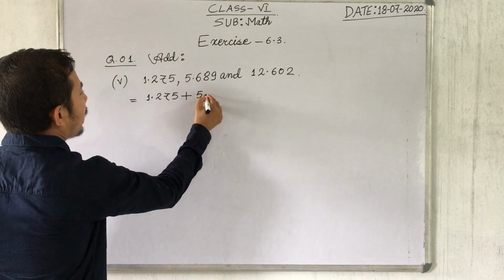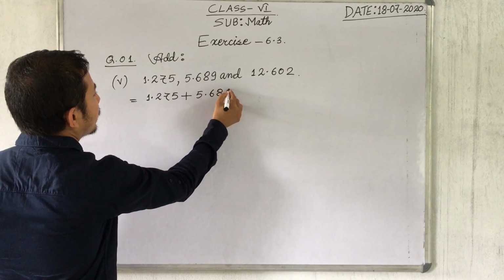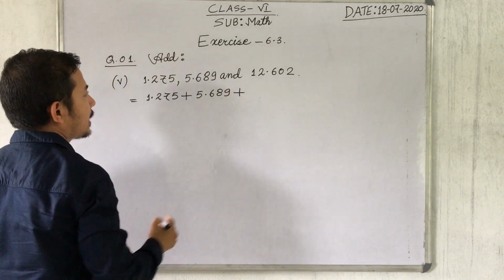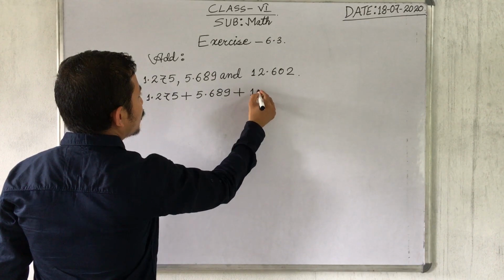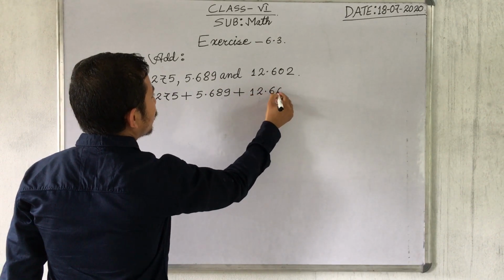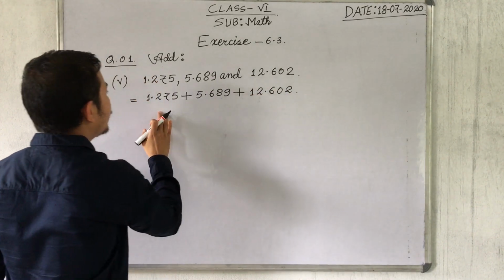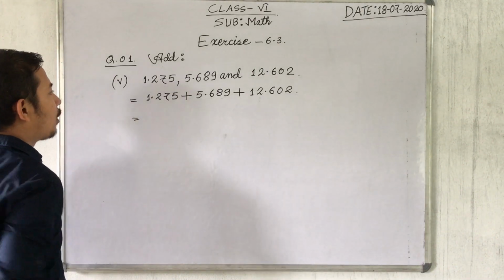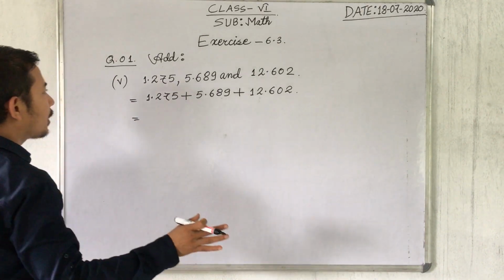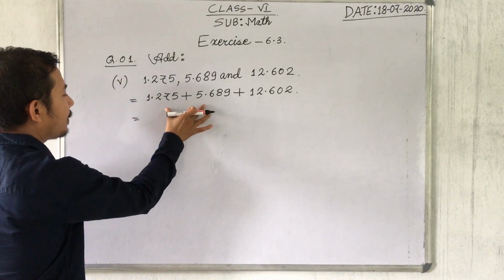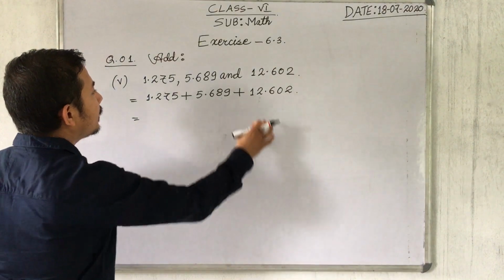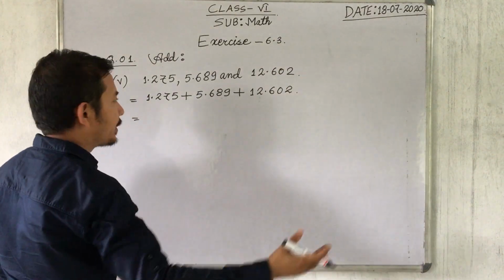So after that 5.689, in place of 'and' also we have to put a plus sign, and then 12.602 here. Okay, there are 3 decimal places. Understood? Now, okay, first of all I am going to add these 2 only. Okay, and after adding these 2, whatever we get, we have to add 12.602 to it.